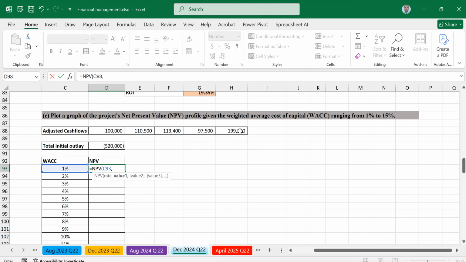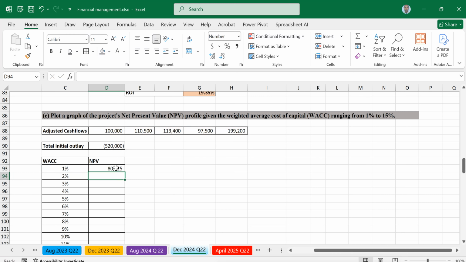Lock it with absolute cell referencing, F4, to be constant. You can see the dollar signs, then close bracket, plus the outflow of 520. Enter. The first NPV is 80, then drag down.